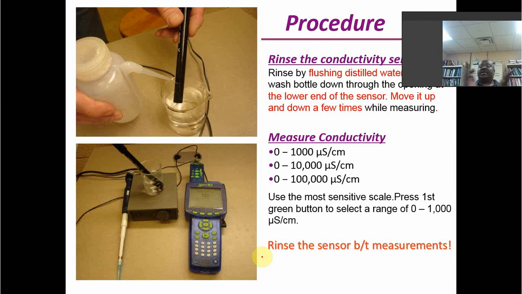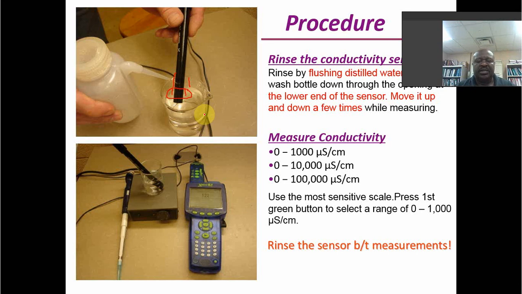Procedure. It turns out that this is the probe that we're going to use. The probe has a little hole there. The plates that we're going to use to measure are here, and so we're going to measure here. If we're moving between solutions, we'd better rinse.